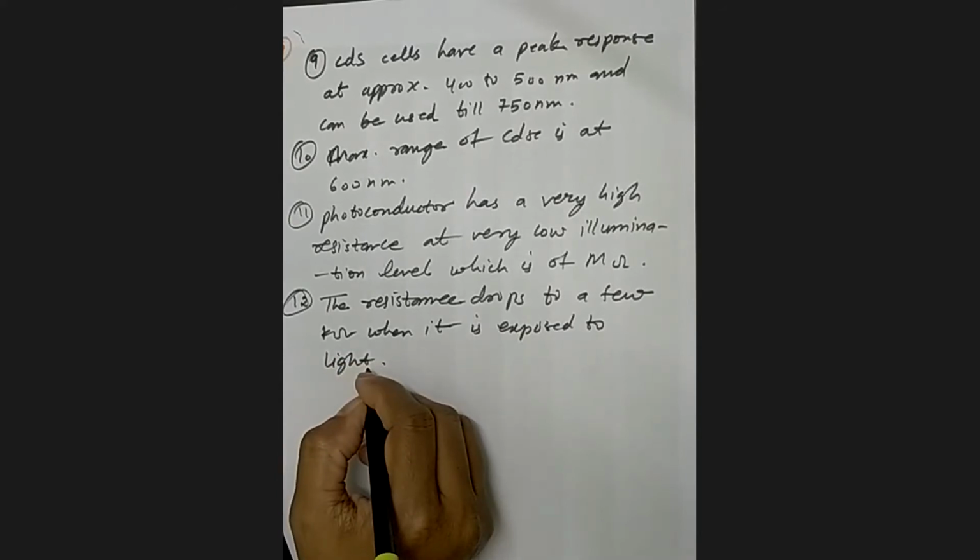So when light falls on the photoconductive cell, it converts this light energy into current or voltage.